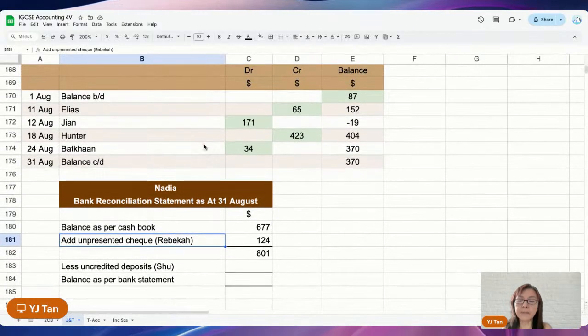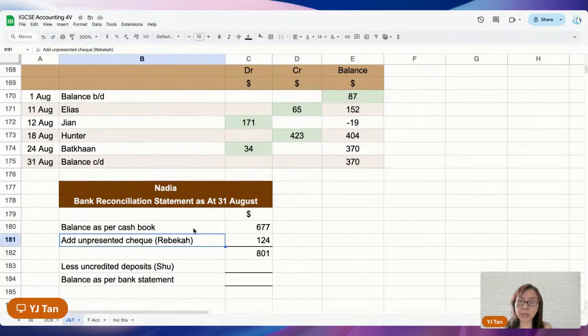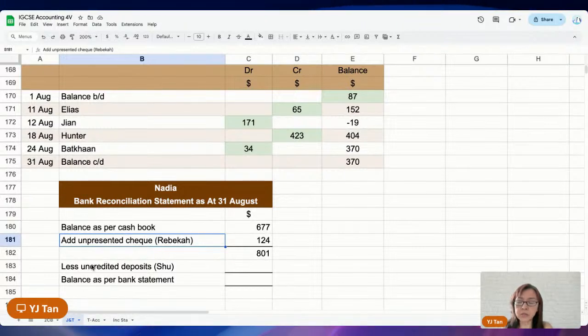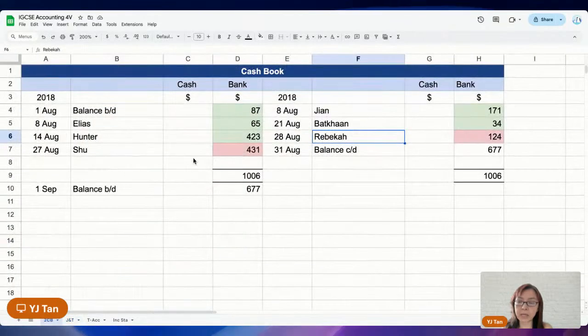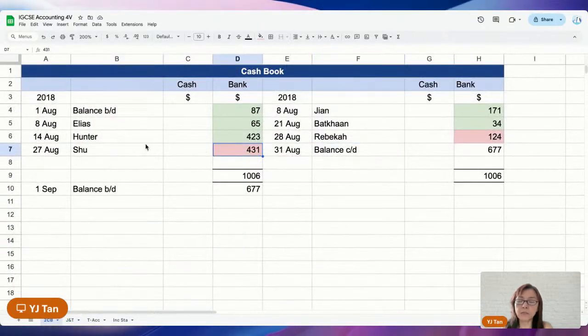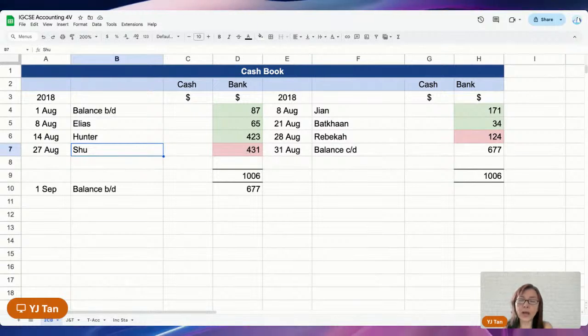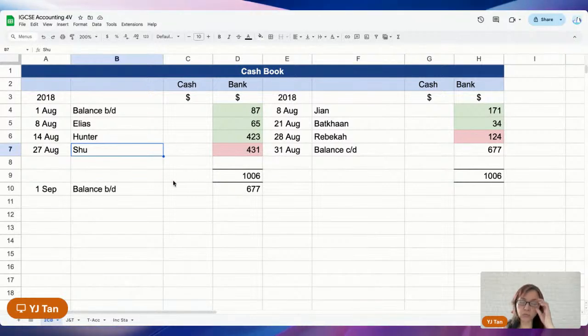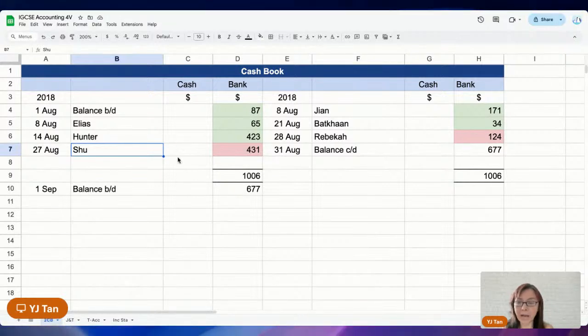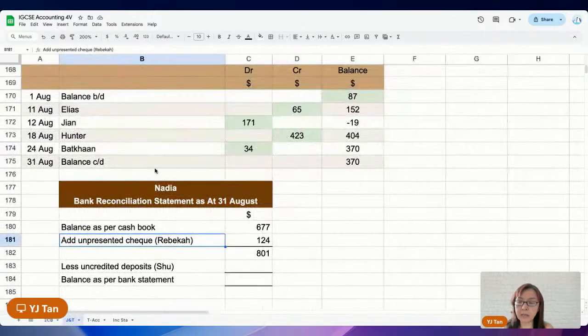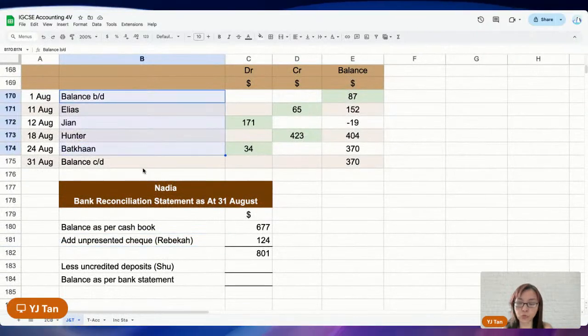The other thing we need to deal with is the uncredited deposit, which I already marked in red. This one is Sue, who should be a customer, an account receivable, saying that Sue already paid me, but in my bank statement there is no transaction from Sue.